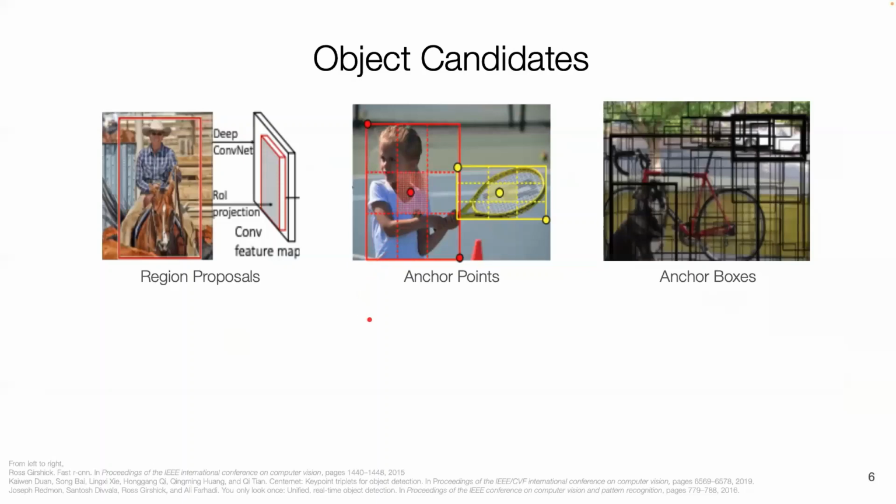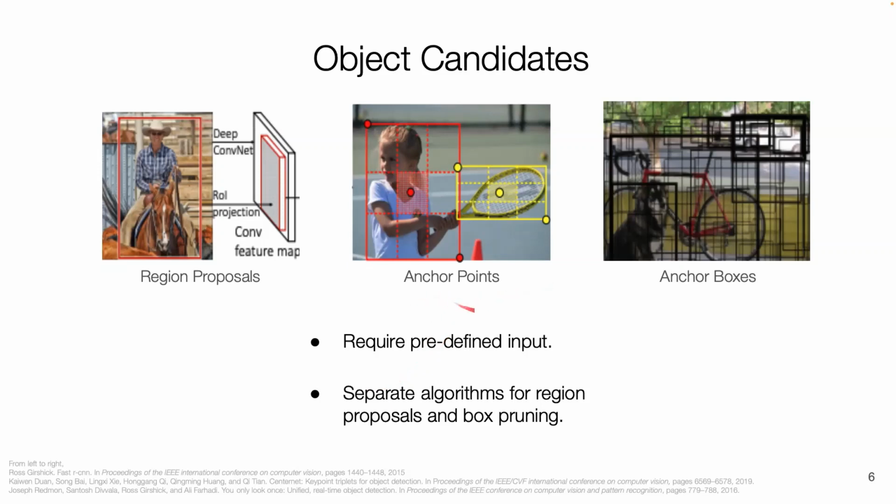Object detection historically has relied on region proposals with predefined input requirements, with anchor points and anchor boxes. These predefined inputs require separate algorithms for those region proposals and further box pruning, resulting in complex architectures that are needed on top of the actual box regression method, as well as the classification label defining.